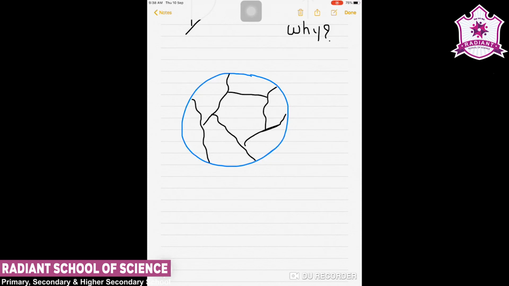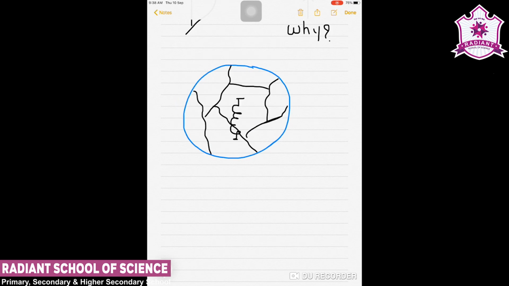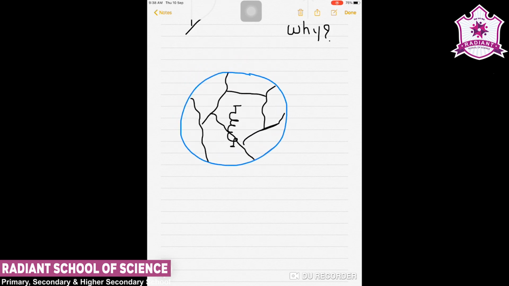Now these fault lines in the earth's crust are like compressed springs. They are continuously vibrating, and they possess a large amount of potential energy. When these springs are compressed so much that they cannot store more energy, they start shaking and shatter. This phenomenon converts into the earthquake.